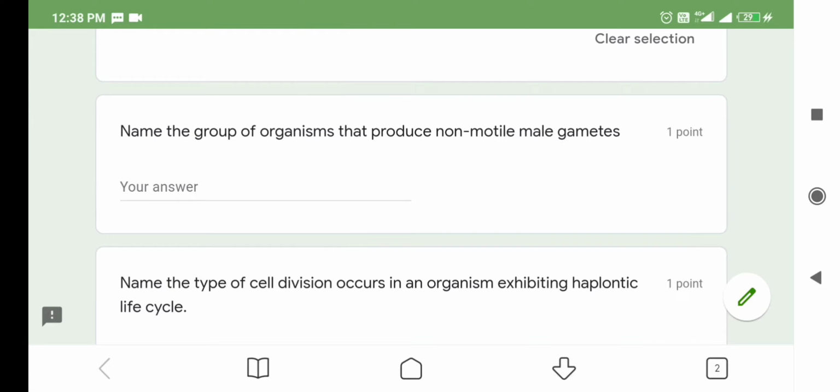In seed plants, that is gymnosperms and angiosperms, the male gametes are non-motile. It means they can't move. So, the male gametes are carried to female ones by pollen tubes. So, the answer is seed plants, that is gymnosperms and angiosperms.